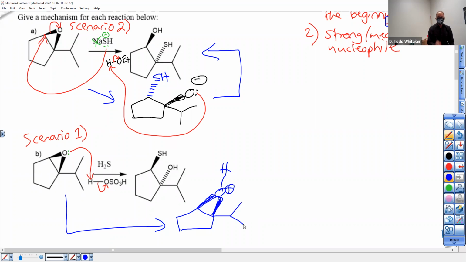Attack the carbon that spends more time with a plus charge. In this case, tertiary with H2S. All right. The carbon that spends more time with a plus charge is right there. You're going to get a sulfonium.